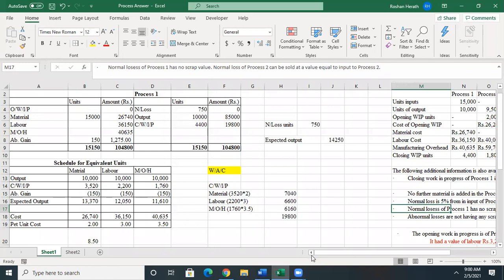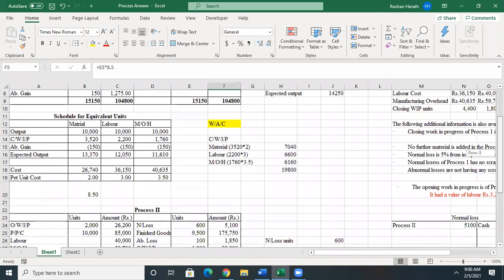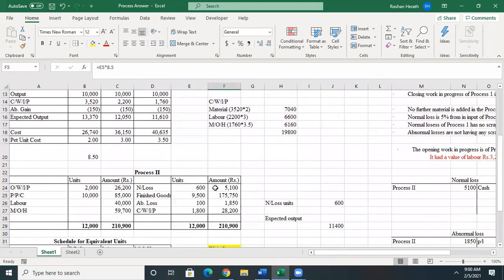So basically, what is input is what comes from the previous process. From the previous process there comes 10,000 units, valued at 85,000. So if you divide this 85,000 by 10,000, that gives you the value of a normal loss unit. So it was 8.5. That's how I have taken it.